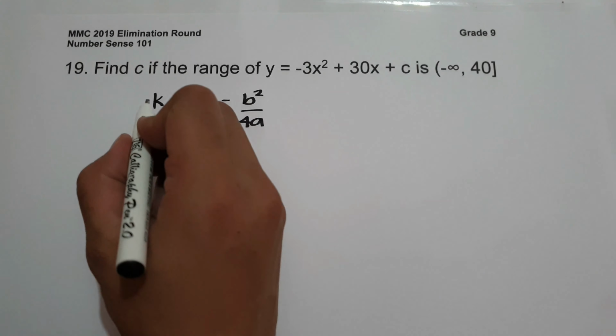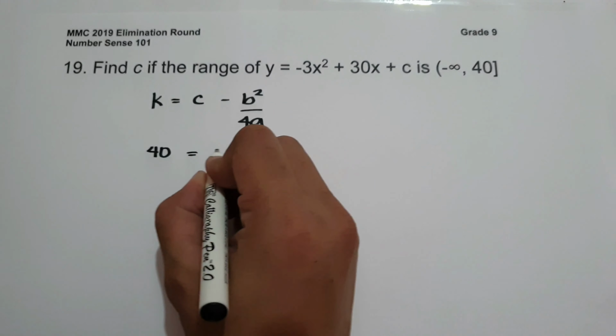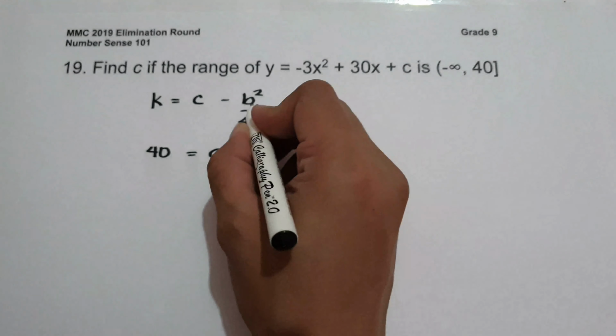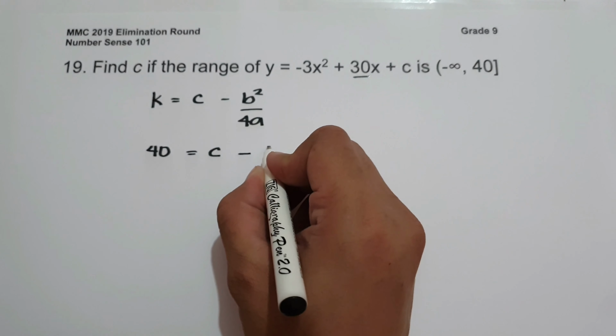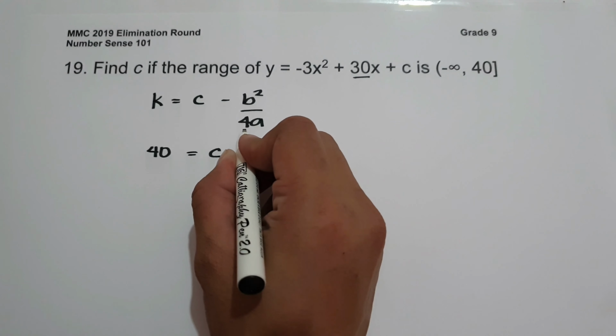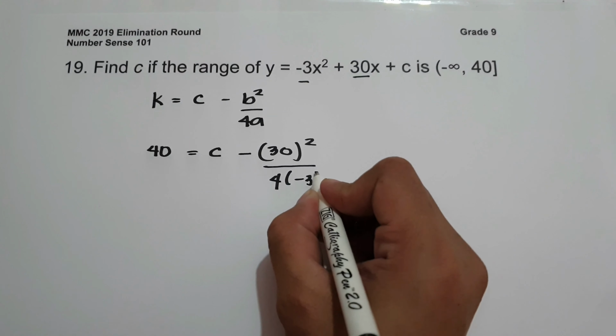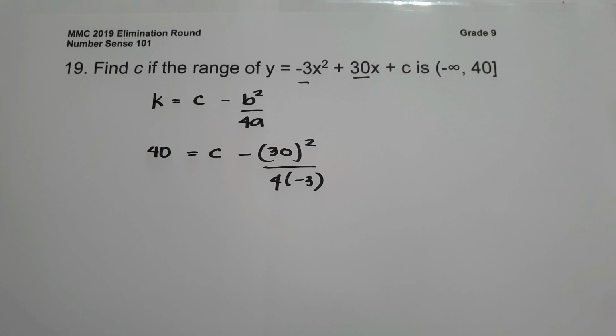Since we have the value of k that is 40, we are going to have 40 equals c minus the value of b that is 30, squared, and then 4 times the value of a that is negative 3. Let us simplify.